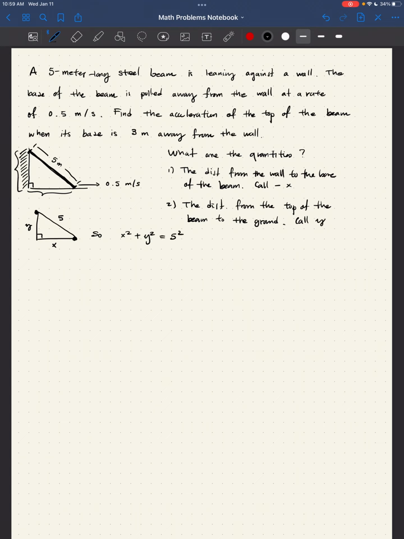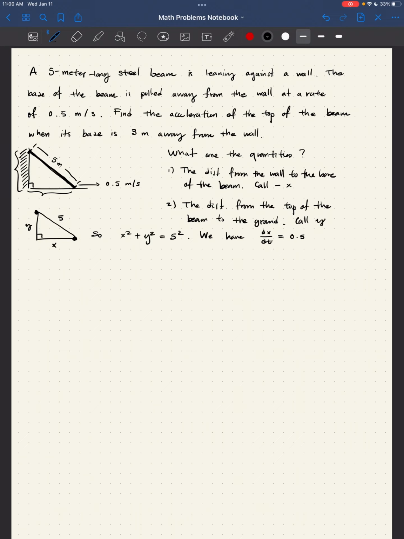Now, what else do we know? What else do we have in the problem? Based on this language, we also have that the derivative of x with respect to t is equal to 0.5. And moreover, note that there is nothing indicating in the problem that this quantity is changing over time.